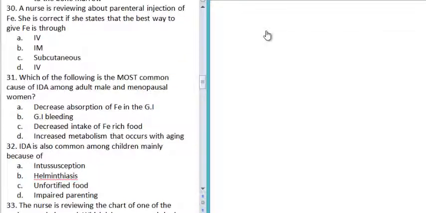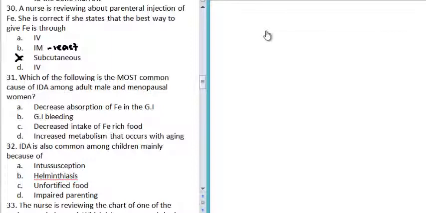Next, number 30. A nurse is reviewing parenteral injection of iron. She is correct if she states the best way to give iron is the following. Remember that IM is the least preferable. We do not use subcutaneous as an iron injection.